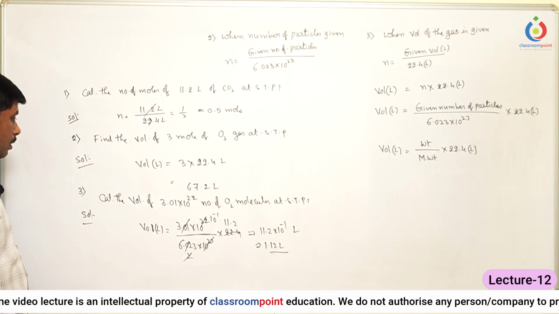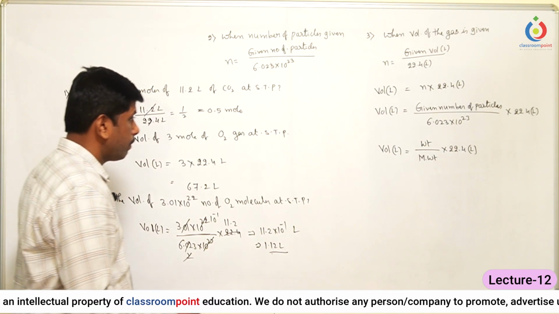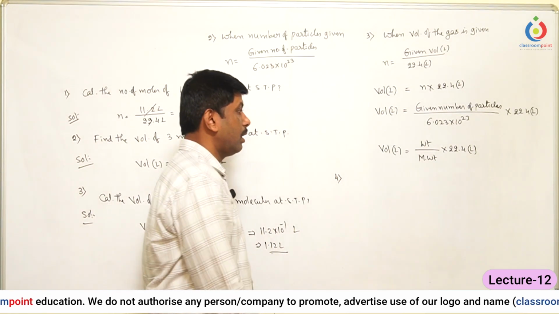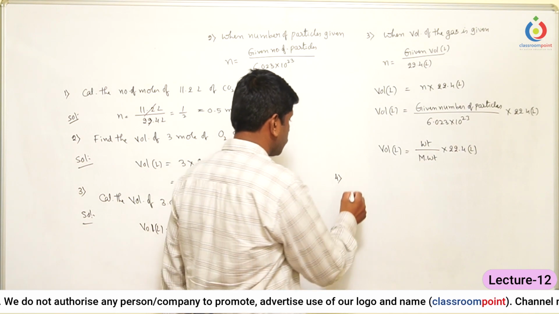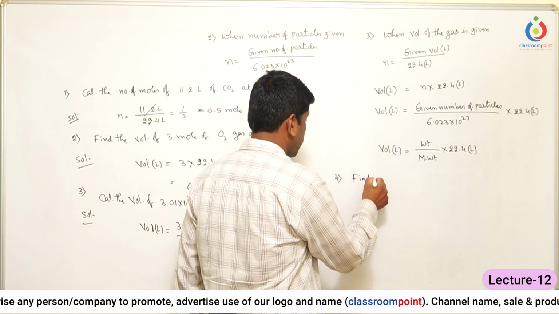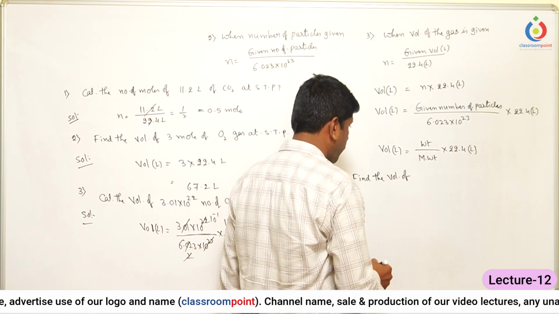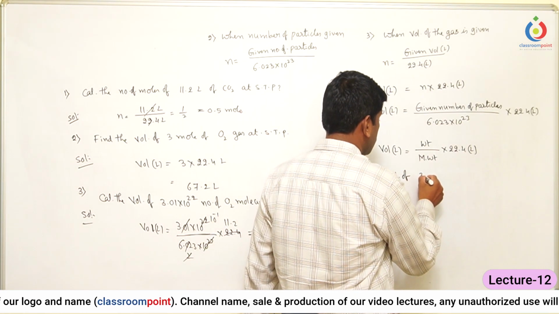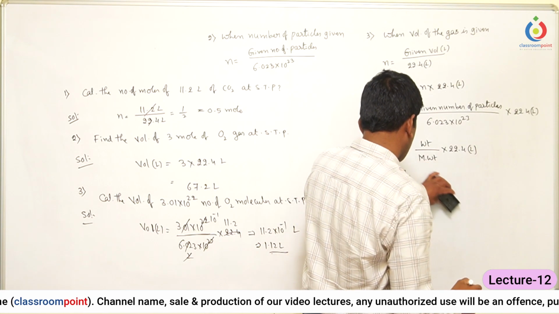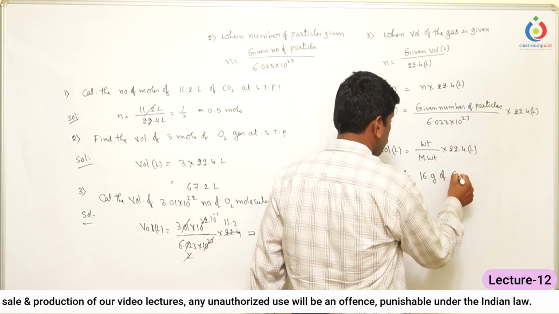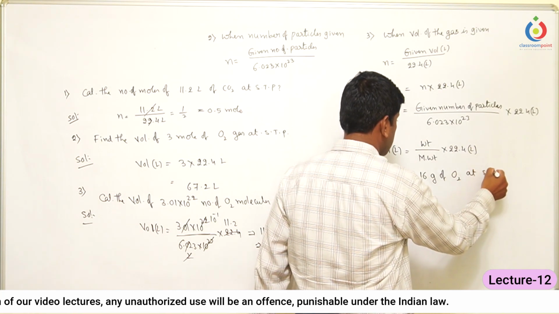Now let us try to see another formula. Calculation of the volume when mass is given. Find the volume of 16 grams of O2 at STP.